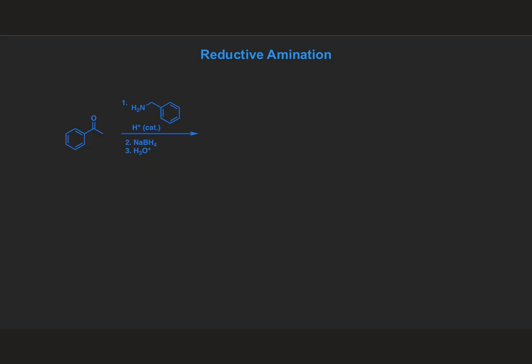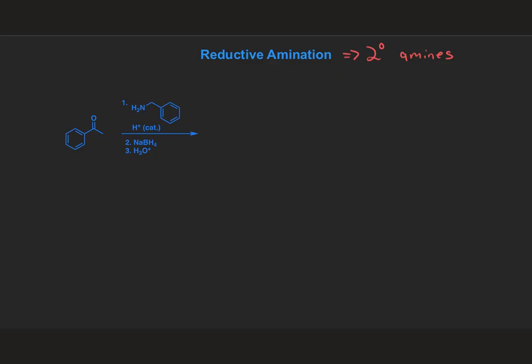The second type of reaction I want to look at where amines are used in chemical synthesis is something known as reductive amination. And this is really a series of reactions and is a great way to make secondary amines. And so if you take an aldehyde or a ketone and react it with a primary amine in the presence of an acid catalyst, we have seen that that makes an imine.